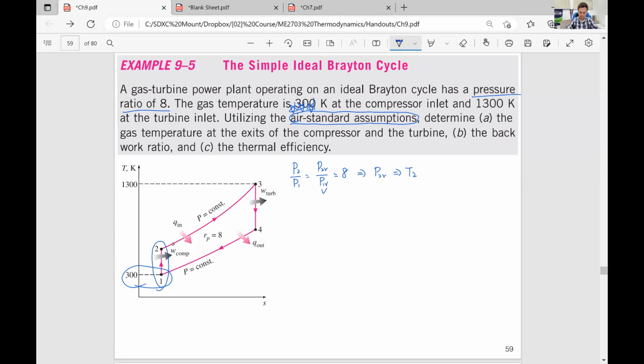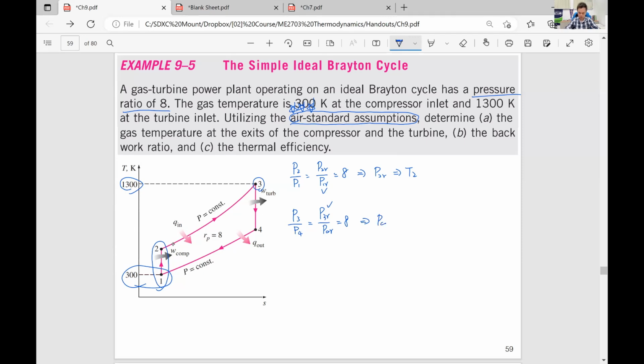And similarly, P3 over P4 is P3R over P4R. This is also 8, right? T3 is 1300 K, so you know P3R.